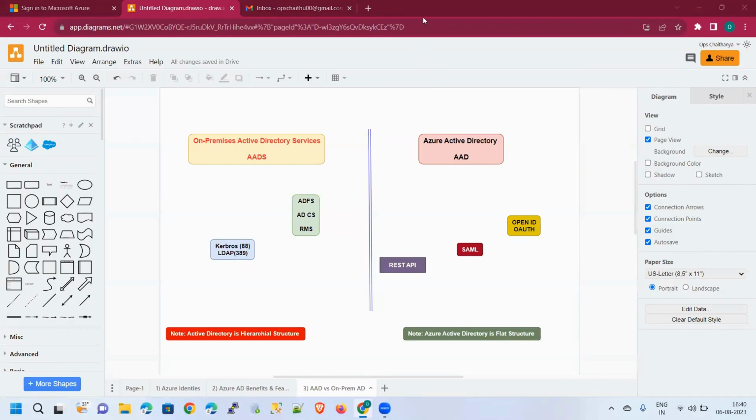In this video, I am going to cover the differences between on-premises Active Directory Domain Services and Azure Active Directory. On-premises Active Directory Domain Services, the short abbreviation is ADDS. I mentioned the wrong name earlier, ADDS is the name. I will be correcting it now itself.